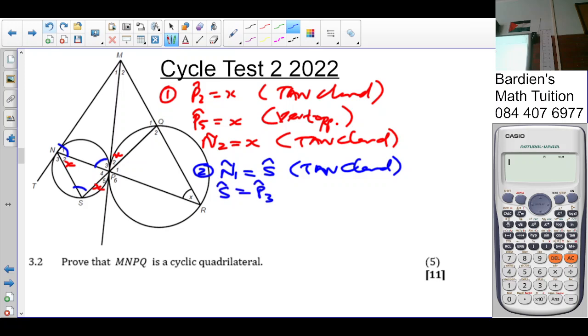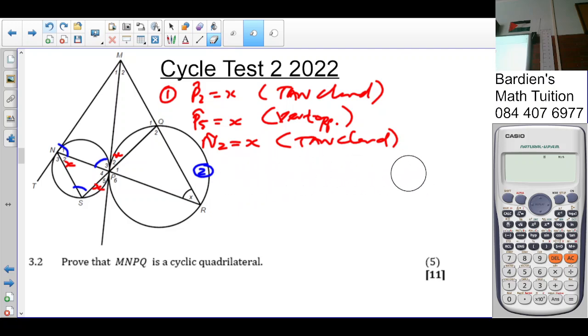Why? Tan theorem. I think that's so much easier. I could also say that N1 is equal to P3. No? Tangent from common point. I think that's the way I did it in the memo as well.